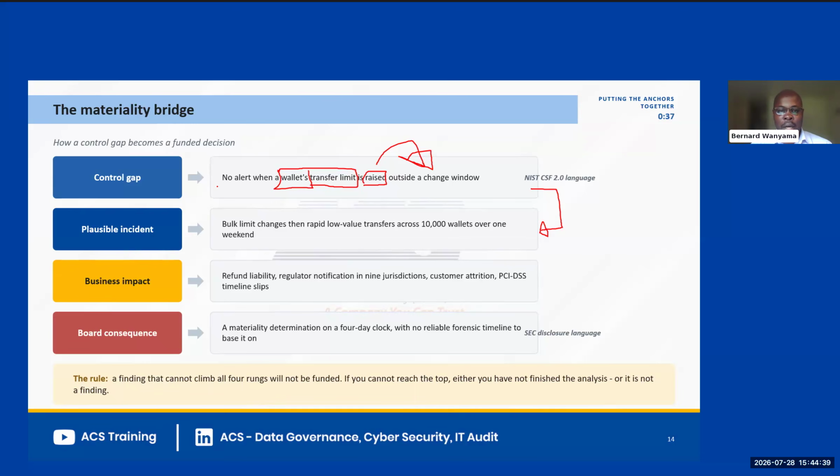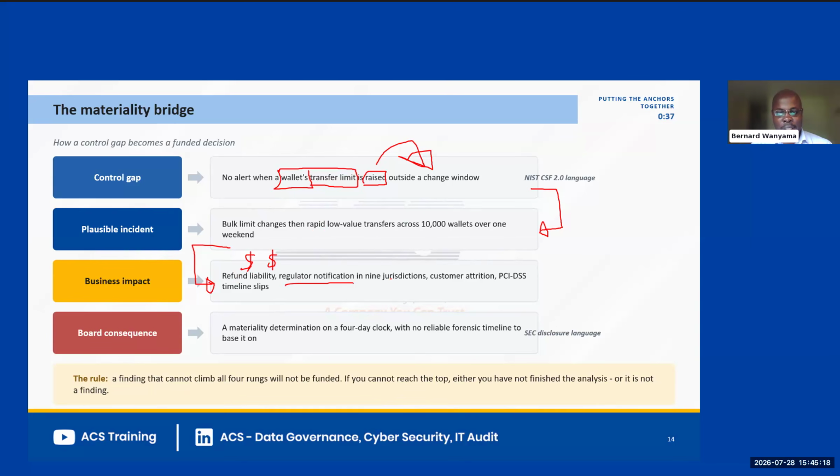So you go from this possibility, this control gap, then you go into what the incident might look like in terms of exploitation of that gap, then what the business impact results into. So you have a refund liability, you have to refund your customers their monies when their wallets have been depleted through a transfer limit that has been raised without them being notified.